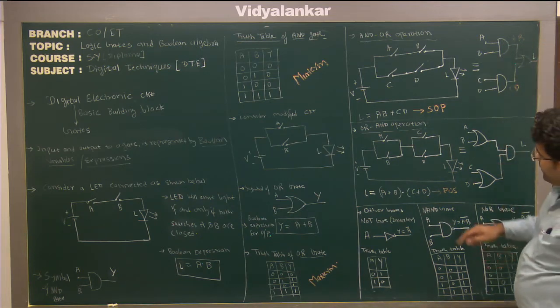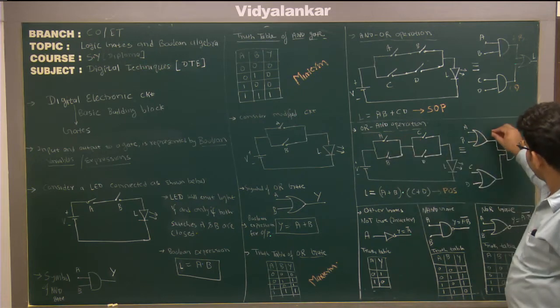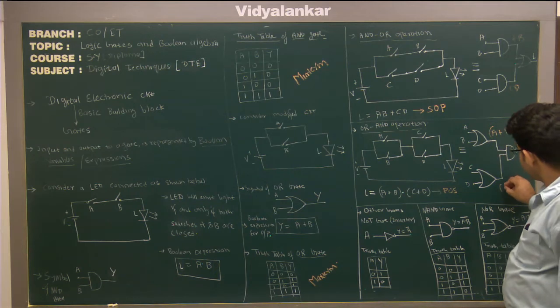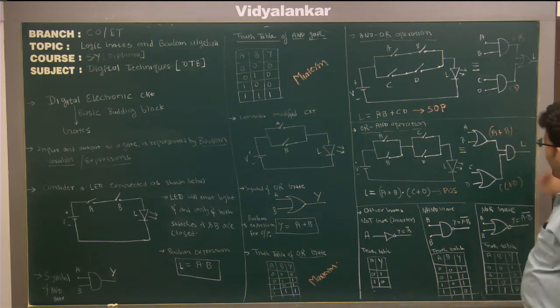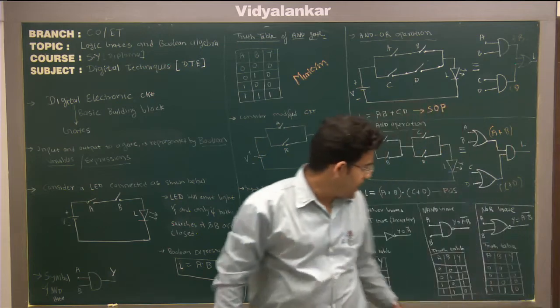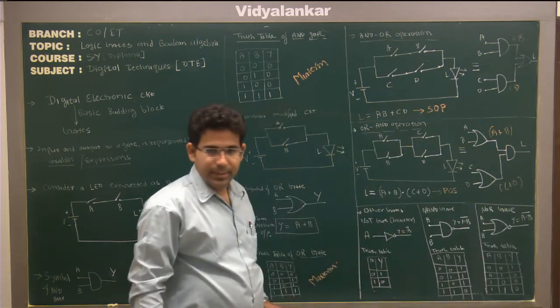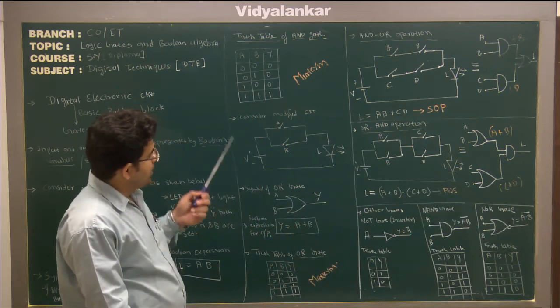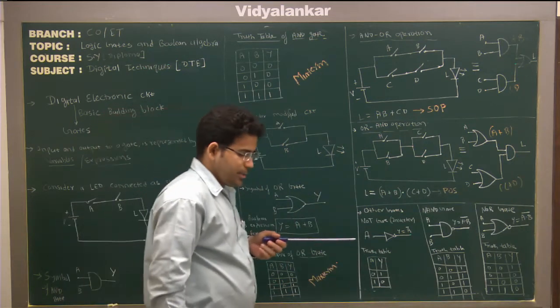Similarly here, this is A or B, so here I will get A plus B, here I will get C plus D. If I add them, I will get the expression A plus B into C plus D. So these are basic two gates, AND operation and OR operation.